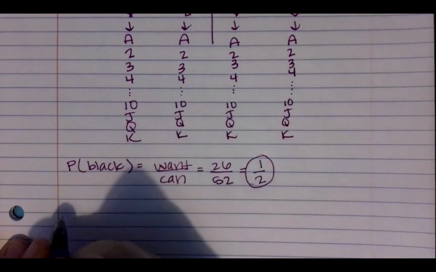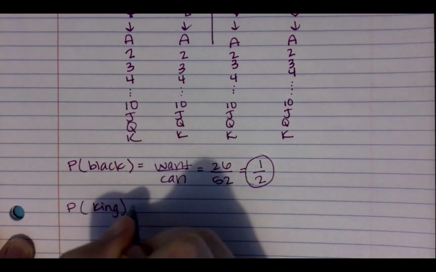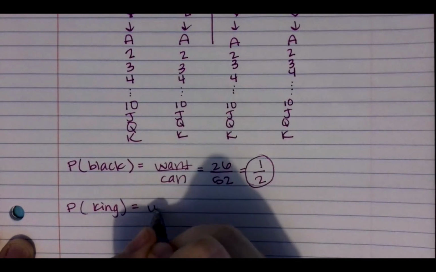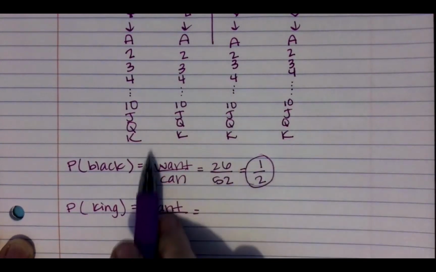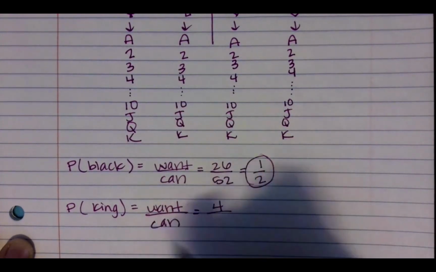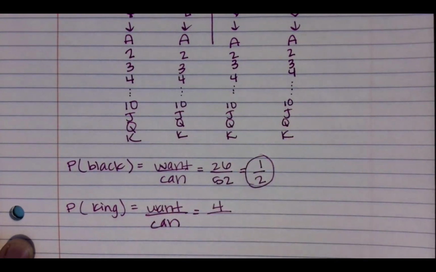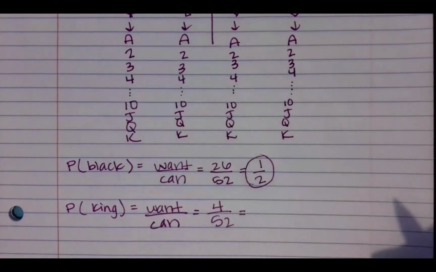Let's try something else. What if we have a deck of cards and we want to draw a king? How many kings are there in a deck? We can actually see it right here. There's 4 kings. How many total cards could we pull out of the stack? Another 52. We're going to reduce that.